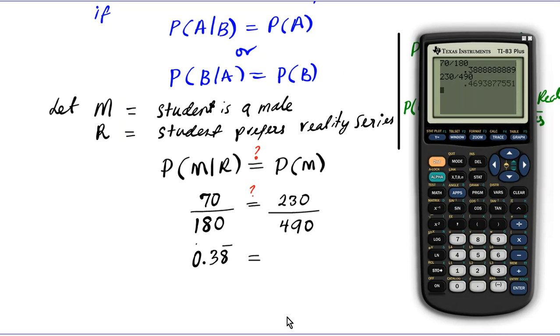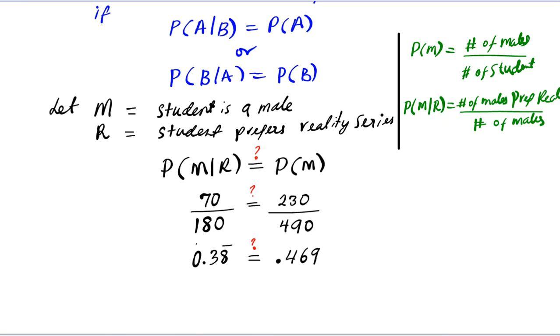Here we have 0.469. So this is 0.469. Are they the same? The answer is no. So this is false. Okay? They are not equal. So since they are not equal to each other, that automatically means that the events are not independent. Okay? So let's go ahead and explain what we just did and write the conclusion.